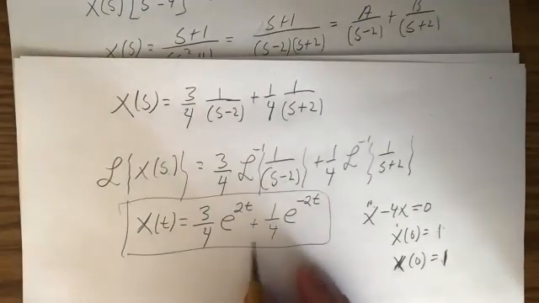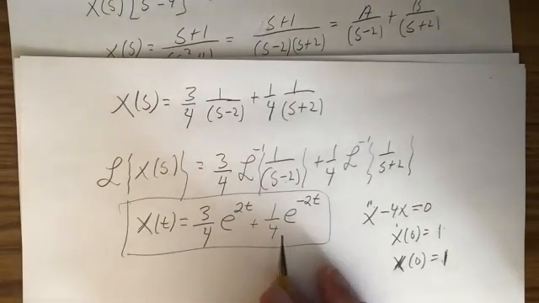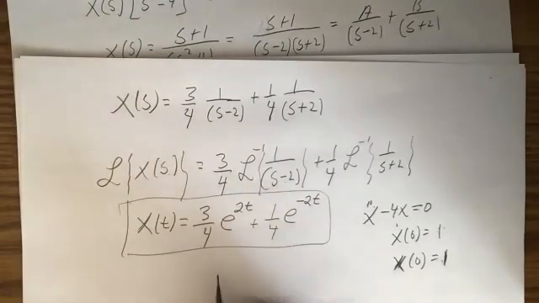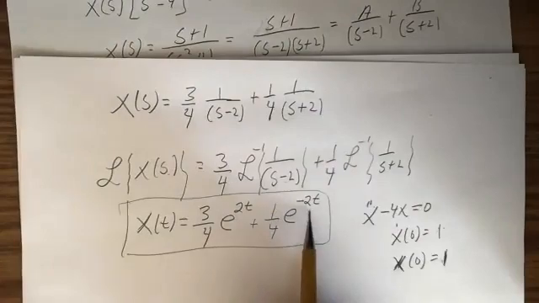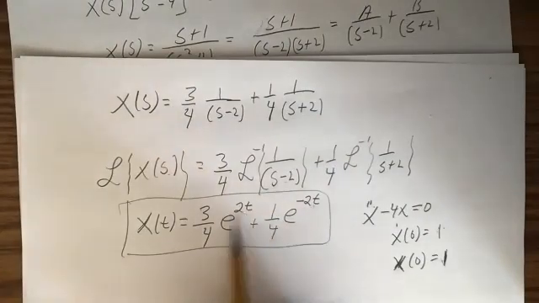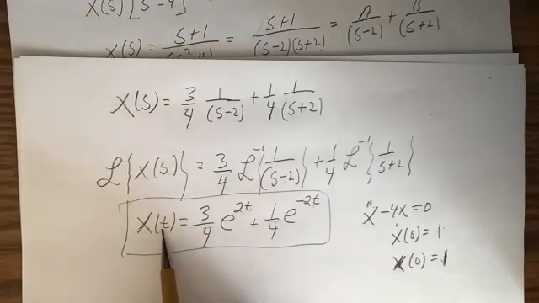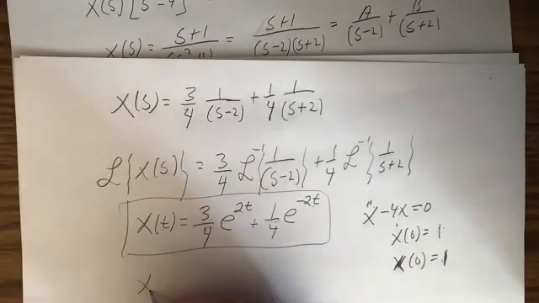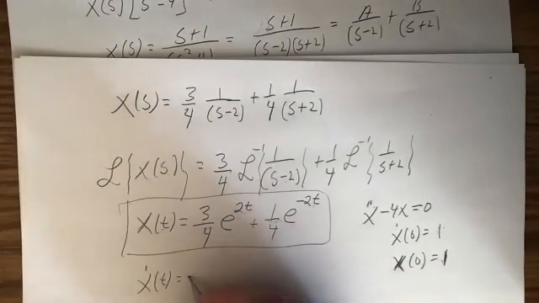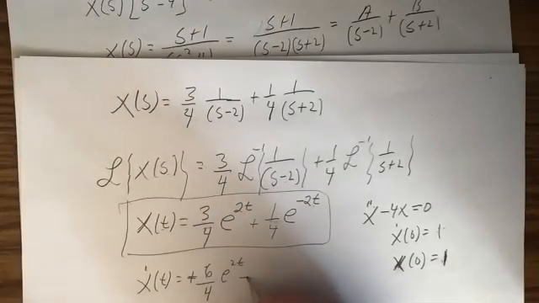But notice that we could check this. It's probably not a bad idea, so let me quickly check it. First of all, if I put 0 in here and 0 in here, I do get 1, so the initial condition is satisfied. And if I take the derivative of this, this will be plus 6 over 4, and this is going to be minus 2 over 4.